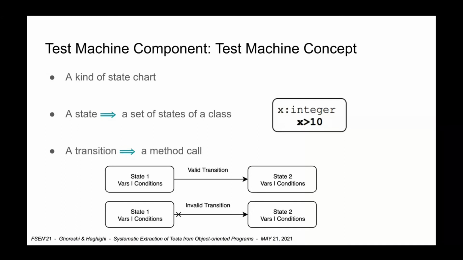For example, the post condition of the called method holds. Another type of transition is an invalid transition. In this case, the post condition of the called method does not hold in the destination state, or in other words, the transition is not consistent with the logical model.